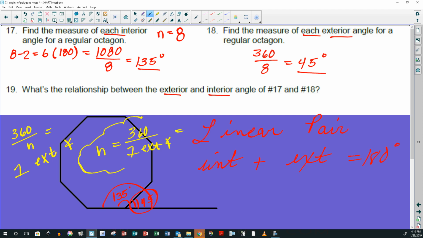So those two formulas are kind of interchangeable. 360 divided by the number of sides gives you an exterior. 360 divided by the exterior gives you the number of sides. So if you know the exterior, you can subtract from 180 to get the interior, or you can divide into 360 and get the number of sides. So a lot of information there.